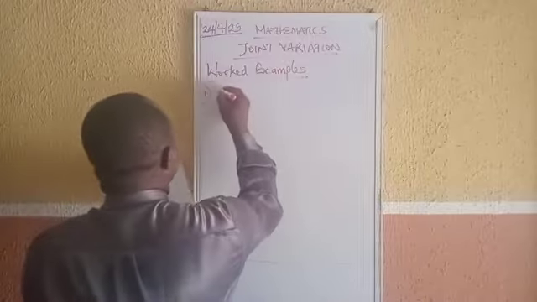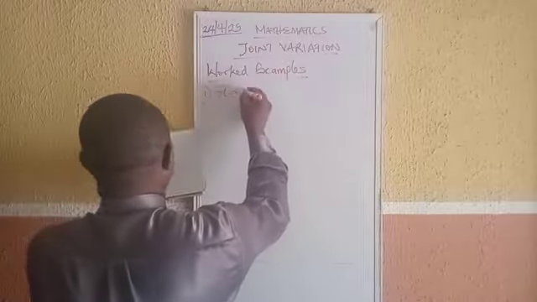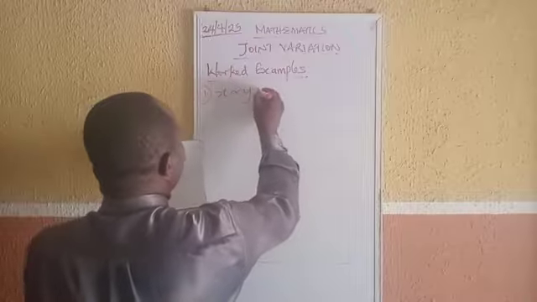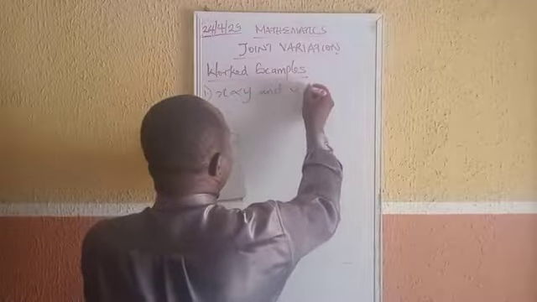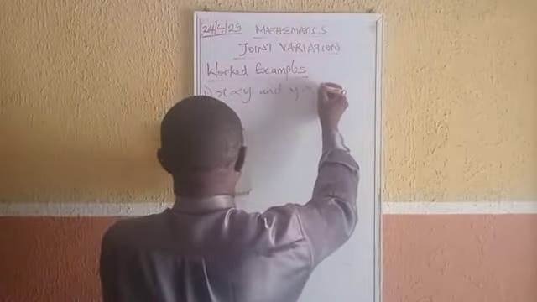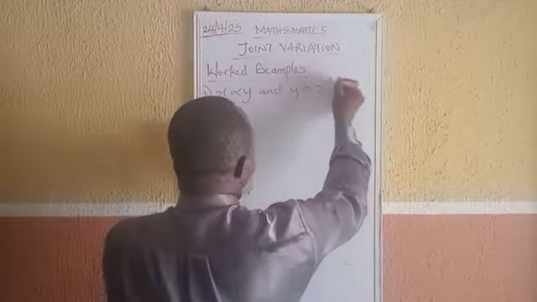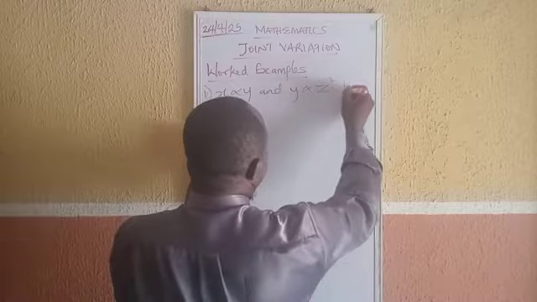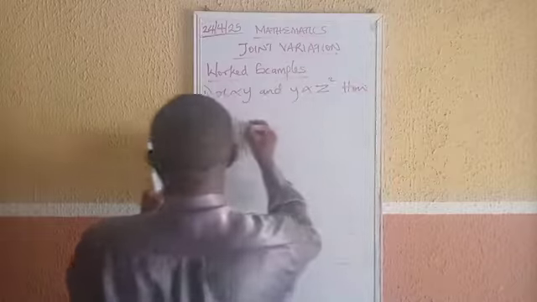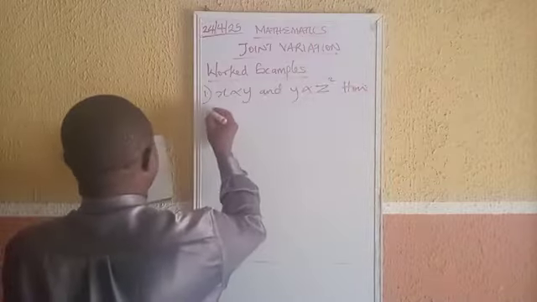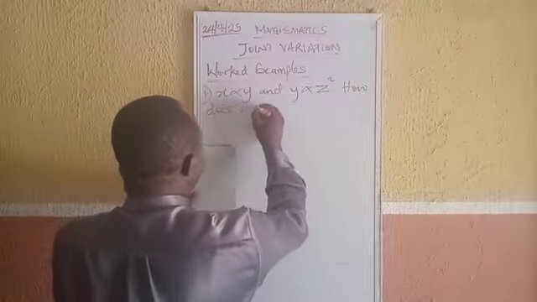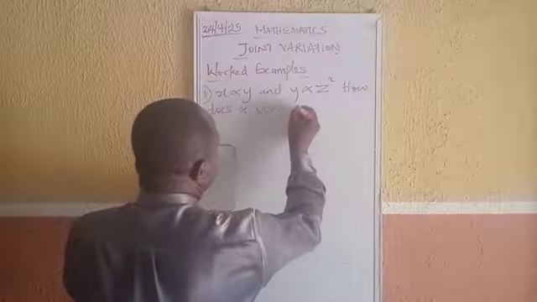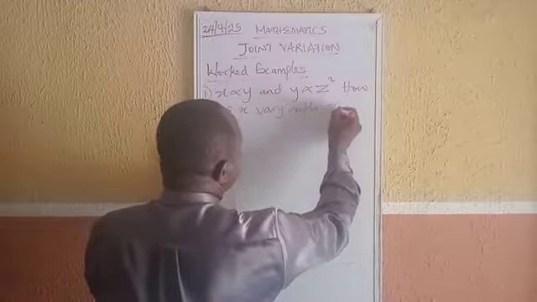We are told x varies directly as y and y varies directly as z squared. How does x vary with z?